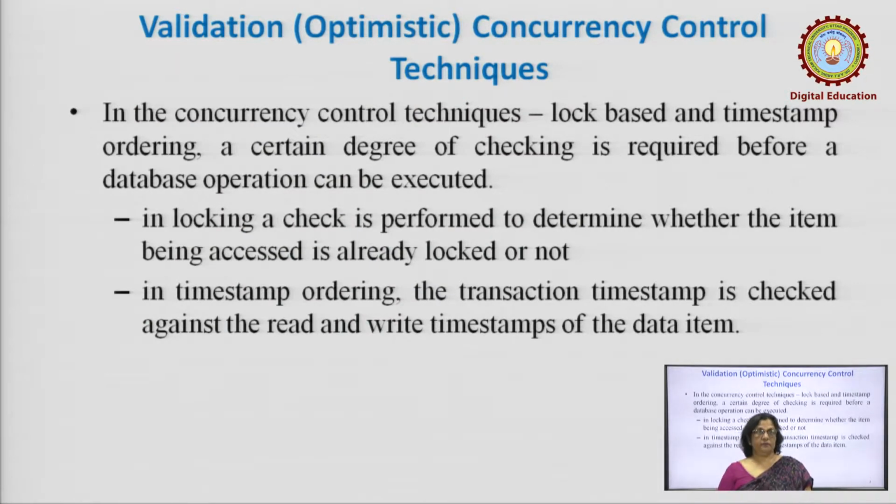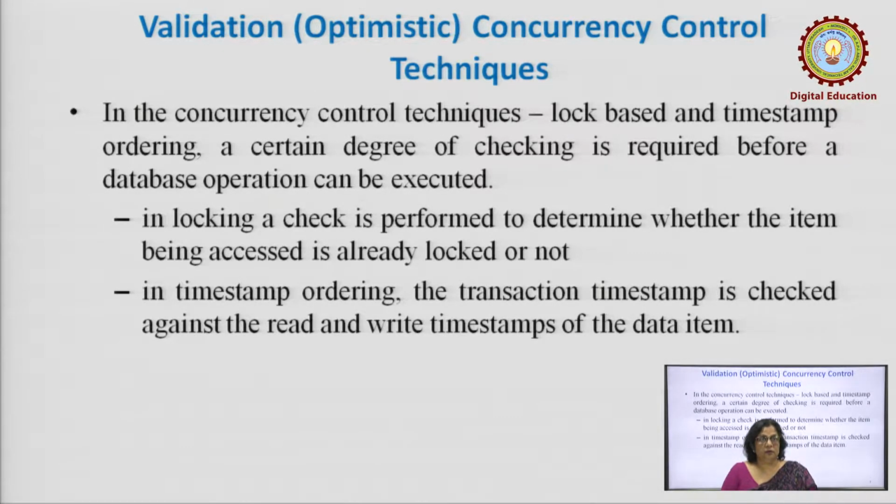The validation based protocol is also called the optimistic concurrency control technique. In the concurrency control techniques that we have already studied, that is the lock based technique and the timestamp ordering technique, there is a certain degree of checking required before the database operation can be executed.